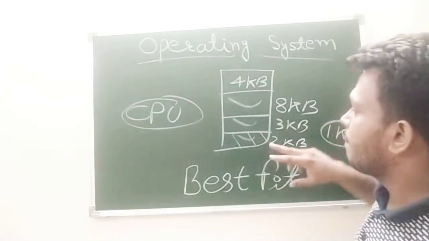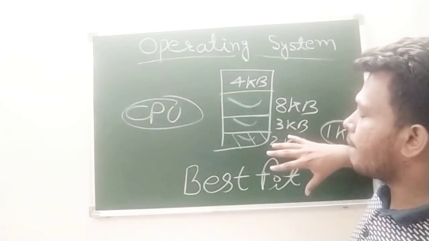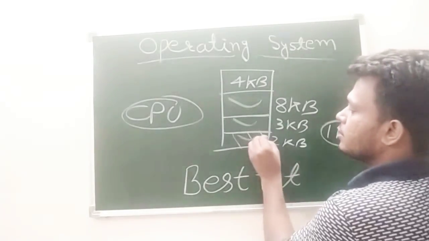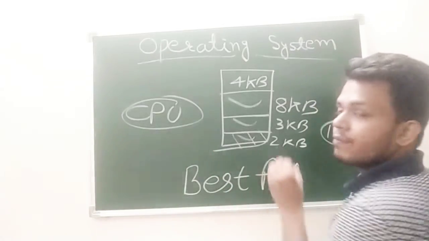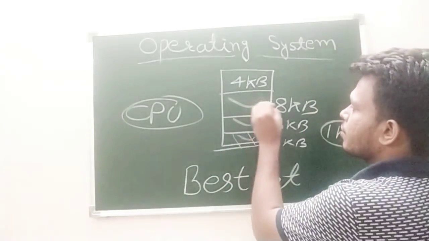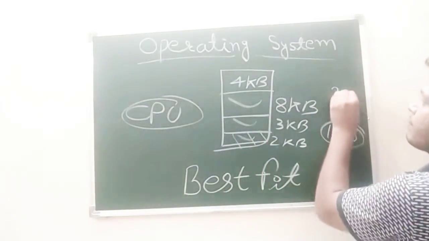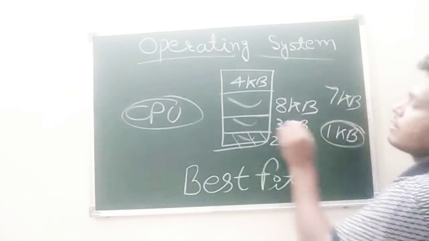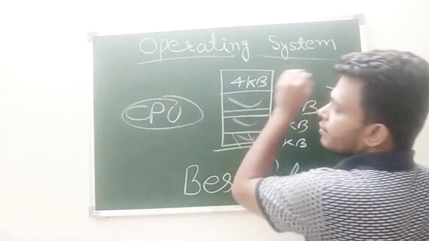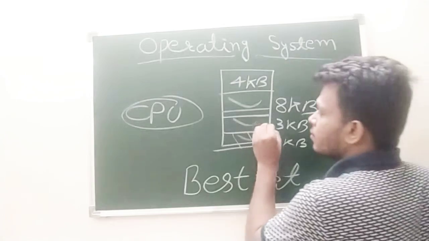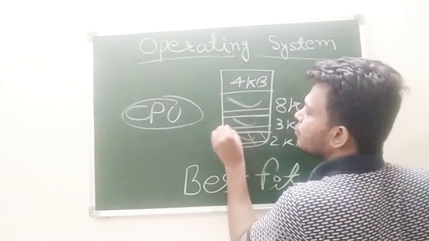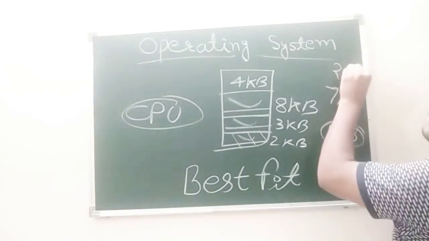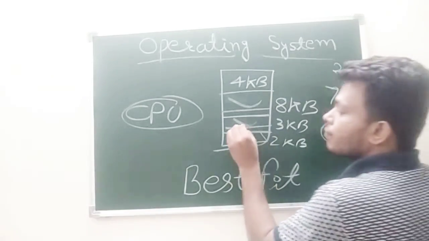Second thing is that suppose there is a 1 KB space left. Suppose a process comes with 7 KB. There is also 1 KB space left. Suppose one more process comes with 2 KB. Then there is also 1 KB space open.